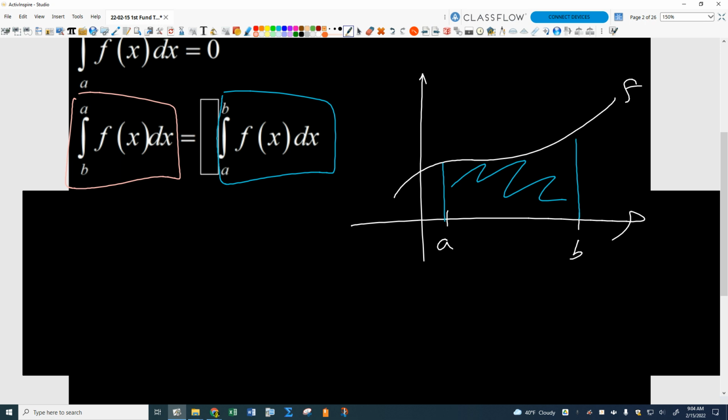Because the definite integration presumes that this is going to equal the antiderivative of f evaluated from the bottom limit to the top limit, from b to a. That's backwards, right? We're adding up the area in this direction, and that's negative area.